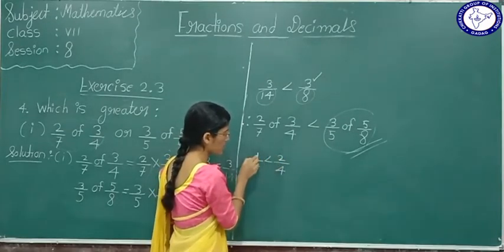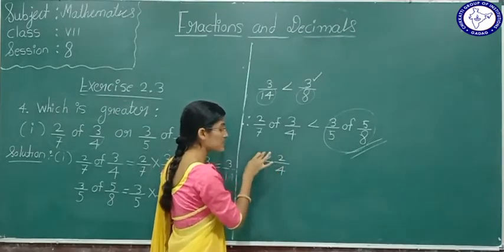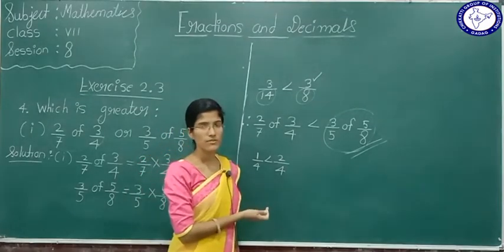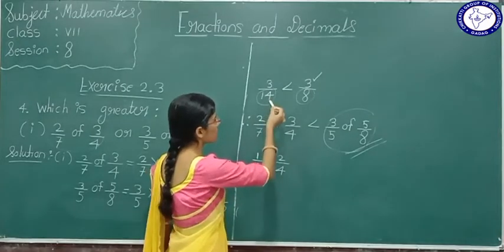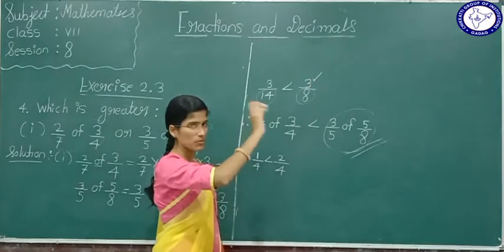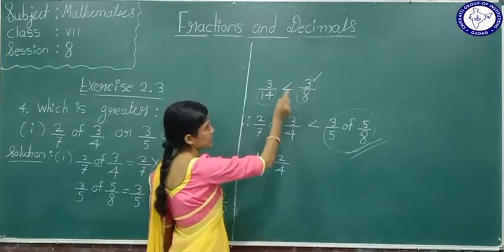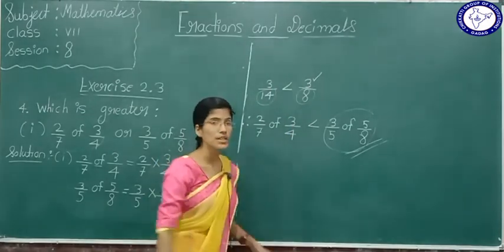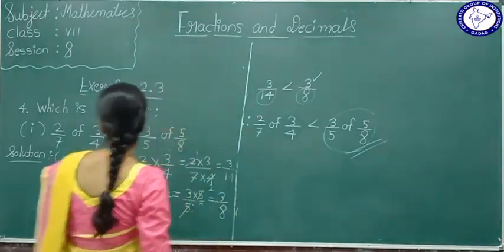Here we have to compare the numerators. In numerator, which is the bigger number, that is the greatest fraction. But if the numerator is the same, and we have to compare the denominator, in denominator, which is the smallest number, that fraction is the bigger fraction, okay. Now we will see the fifth one.